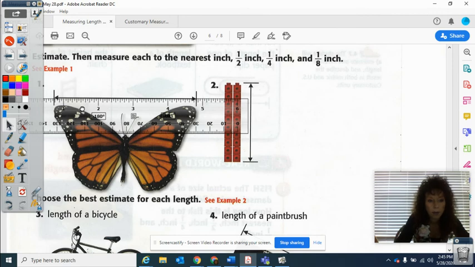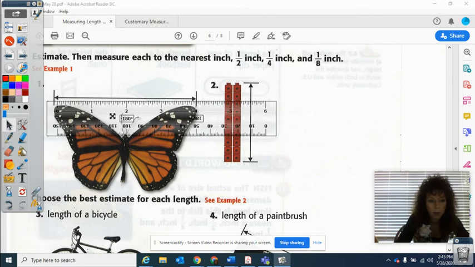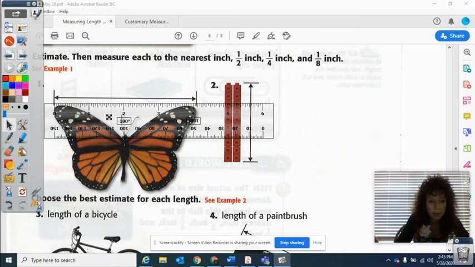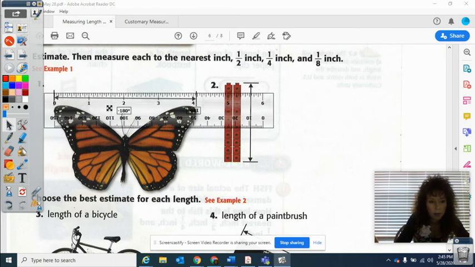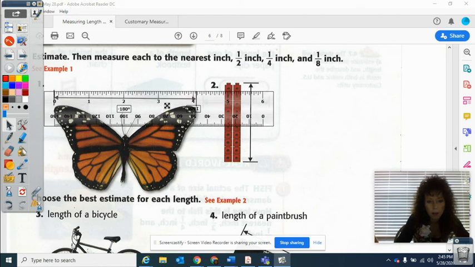Okay, now I'm going to move the ruler. I'm going to line up that 0 with one end of the butterfly, and then maybe let me move it so it's the other end of the butterfly.